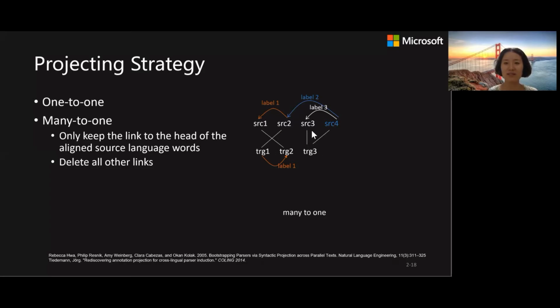And we can see that source 3 is the head of source 4. So we only keep the alignment between source 3 and target 3 and remove this alignment. Now it becomes one-to-one alignment, so we can directly copy arcs from source side to target side.